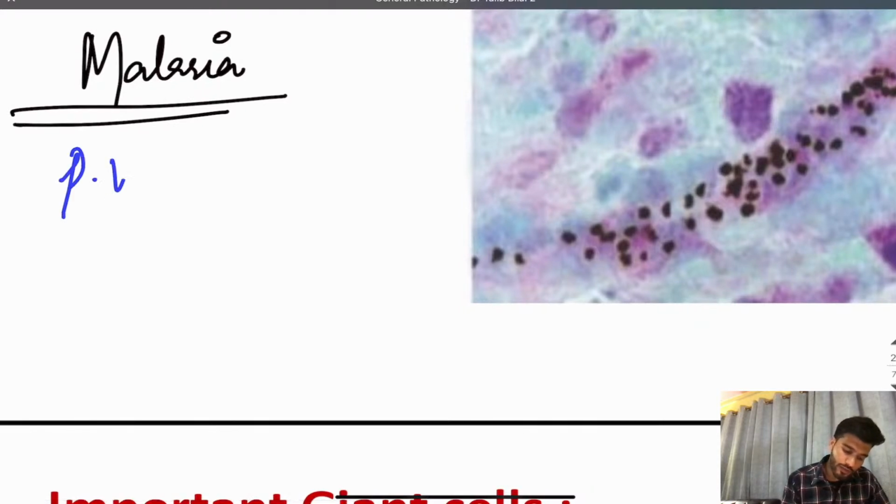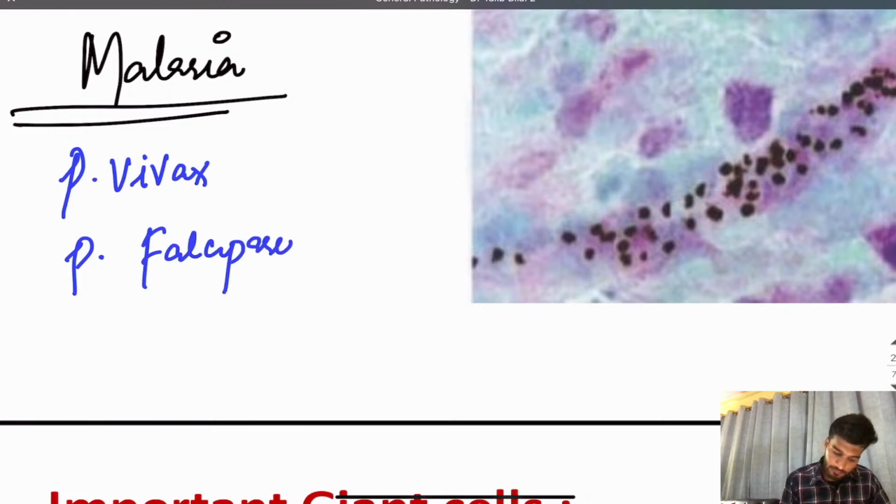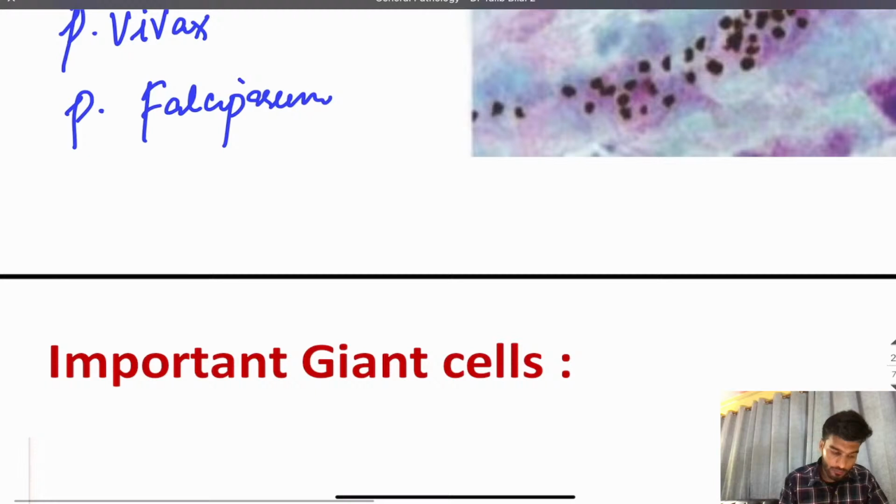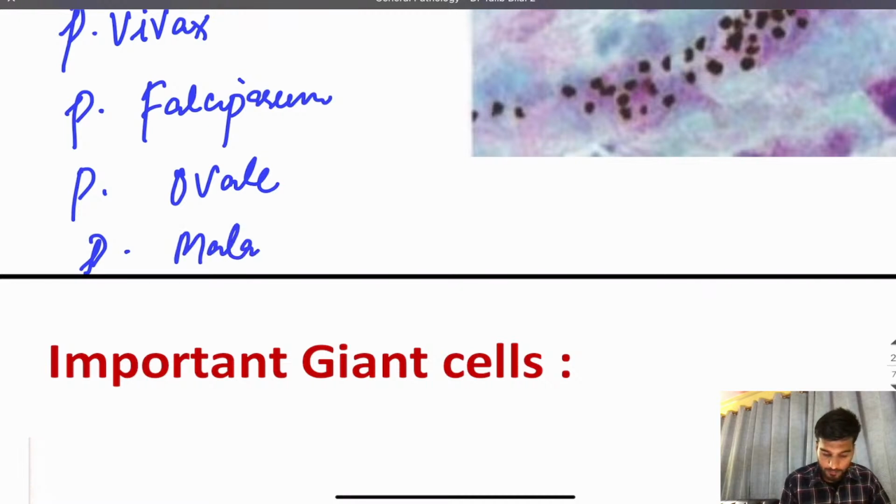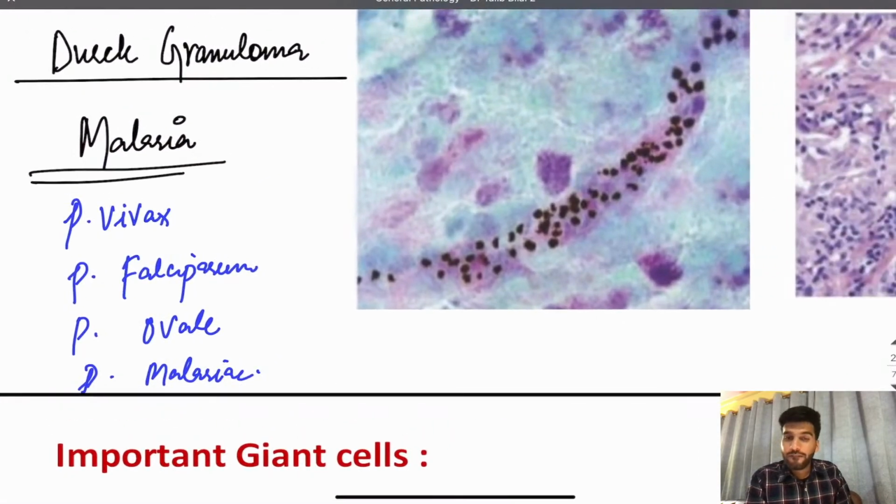It can be Plasmodium vivax, Plasmodium falciparum, Plasmodium ovale, or Plasmodium malariae. Then we have a rapid diagnostic kit in malaria which detects the protein histidine-rich protein. LDH levels we also check. We take two smears, thin and thick. One will tell about the species, another will confirm malaria.